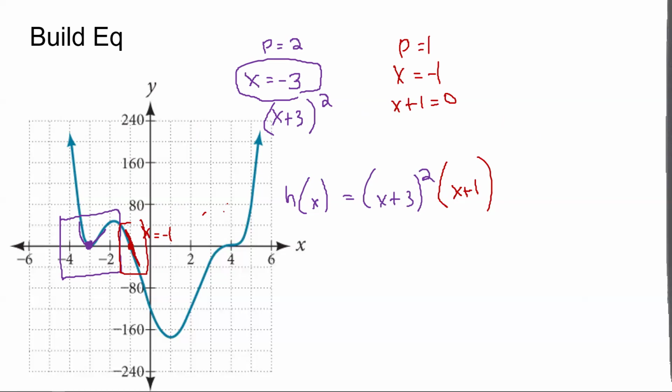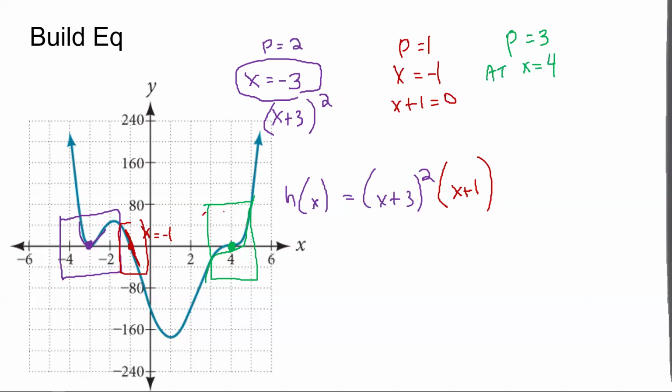I've got one more root over here at, looks like it's right at 4. And I zoom in right there. What kind of functions look like that? Comes up from the bottom, flattens out, goes back up. Oh yeah, that's a cubic. So I know that there is a multiplicity of 3 at x equals 4.